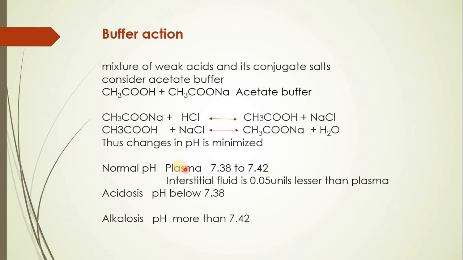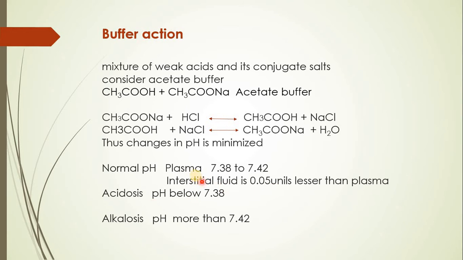Further, in case of blood, you know, it is made up of a fluid part, that is plasma, in which a large number of blood cells are freely suspended. The plasma pH ranges between 7.38 to 7.42, whereas the pH of the interstitial fluid ranges between 7.38 to 7.42 plus minus 0.05 units.